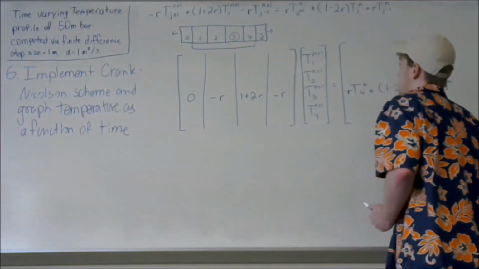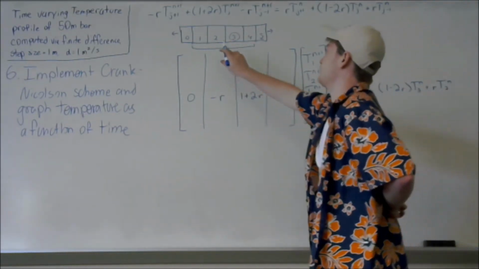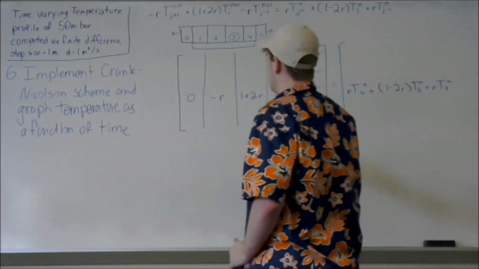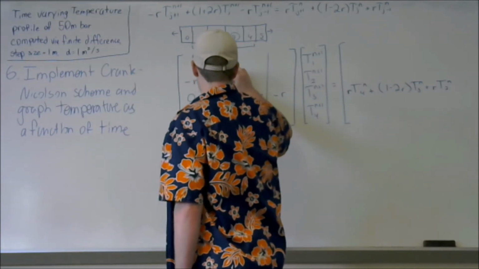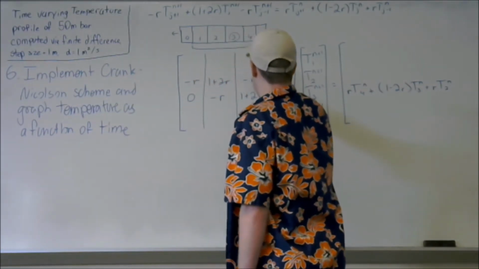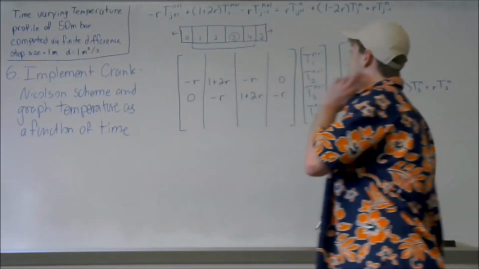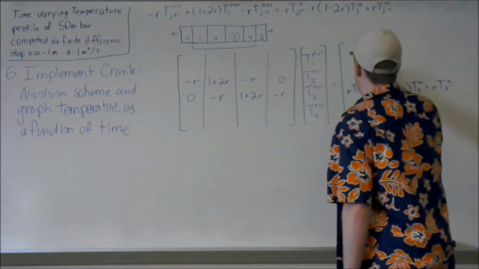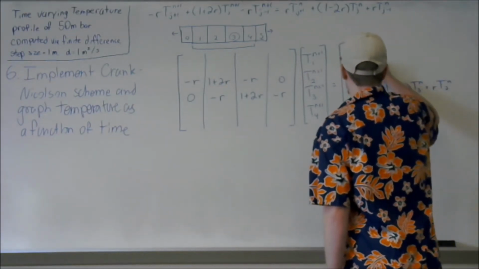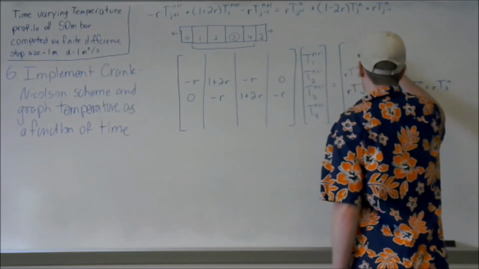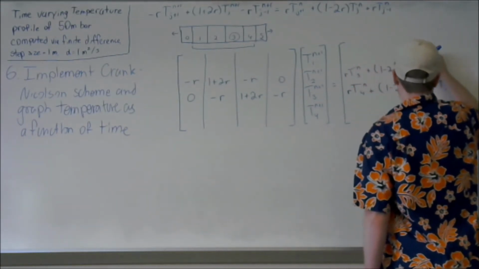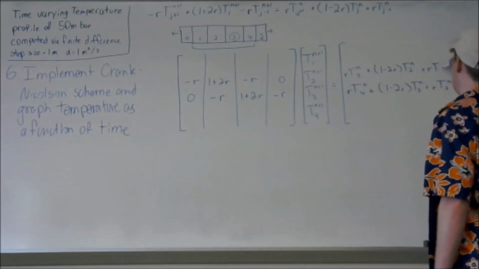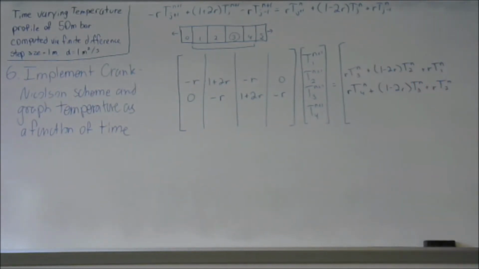So if we keep going with this idea, say we do this for 2. Well, that would be a negative r here, a 1 plus 2r here, a negative r here, and a 0 here. And then the same idea applies. So r t 3 of n plus 1 minus 2r t 2 of n plus r t 1 of n.